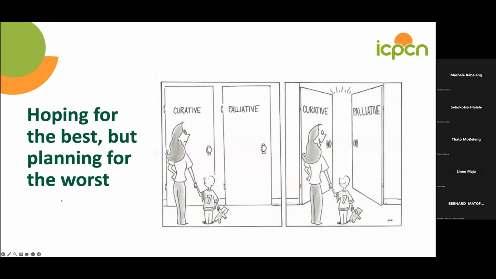But one of the things that we often talk about in children's palliative care, and indeed in adult palliative care, but particularly in children, is that we hope for the best, but we plan or prepare for the worst.